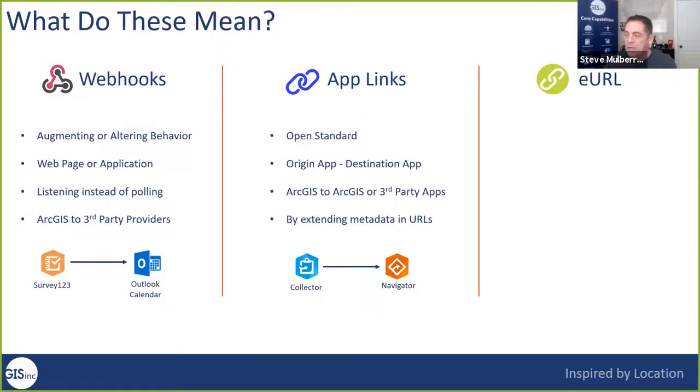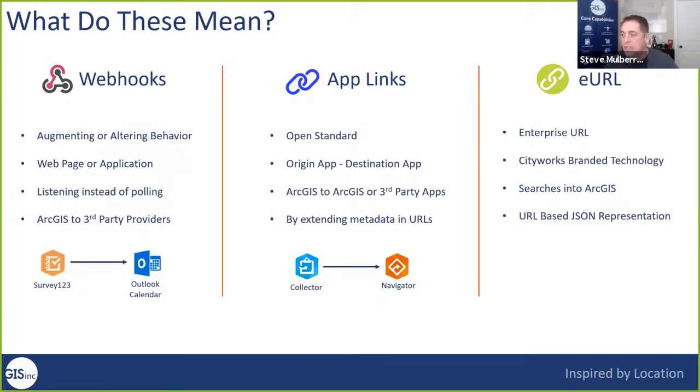And then EURL. EURL stands for enterprise URL, and it's really a Cityworks-branded use of technology, but the underlying technology is open source, so anybody can do what Cityworks is doing, but they've embedded this process inside of their solution.